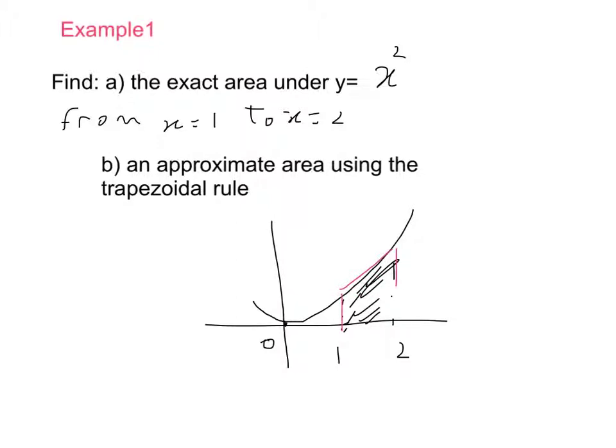The exact area is just a simple integration from 1 to 2 of x squared dx, which is equal to x cubed over 3, and we are substituting 1 and 2.